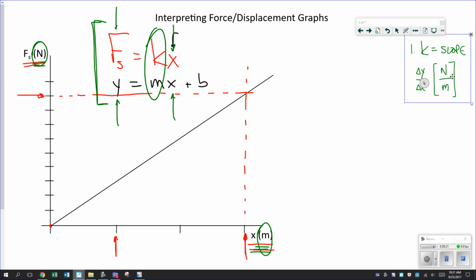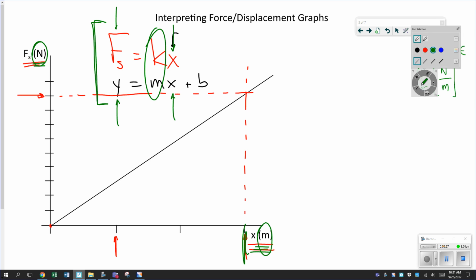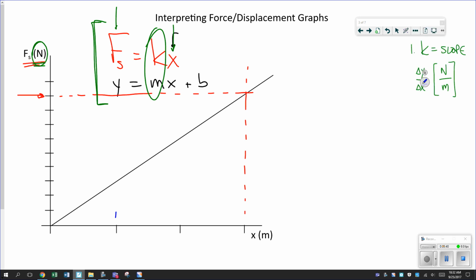The other thing you can look at is how much force is applied when this spring is displaced a certain amount. For example, when the spring is displaced that amount, the spring applies that much force. And then you can look at this area under what I call the curve. Even though that line is not curvy, you can still call it a curve.